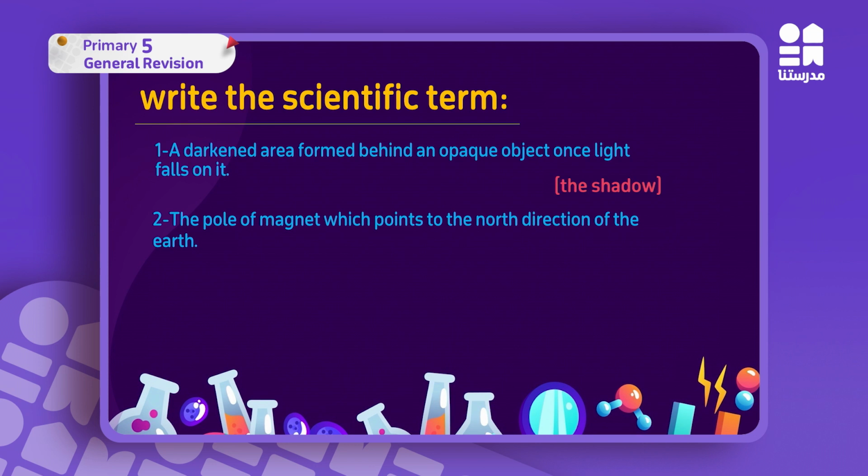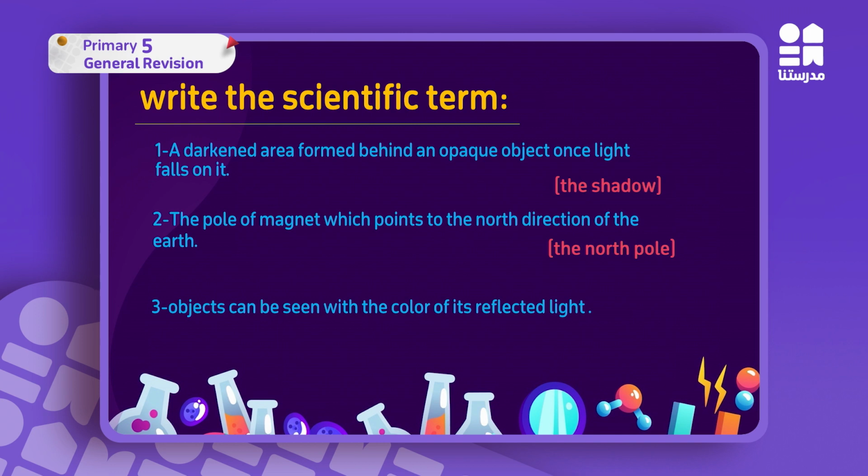It is the North Pole or South Pole? It is, of course, the North Pole. Number 3, objects can be seen with the color of their reflected light. So they reflect light, so they are opaque. And they have color, so they are colored opaque objects.